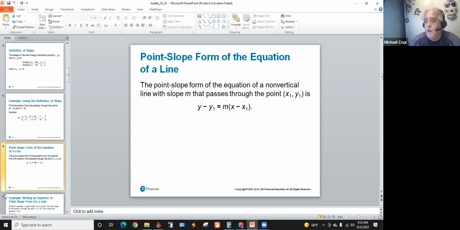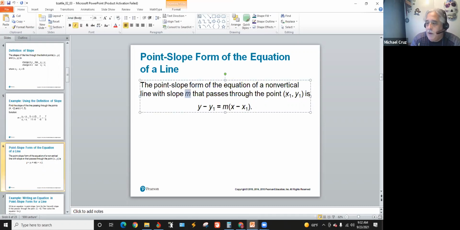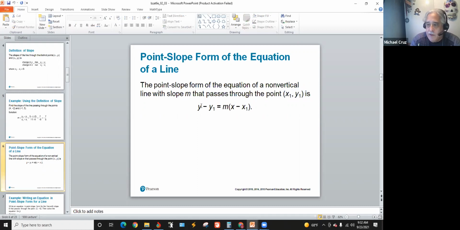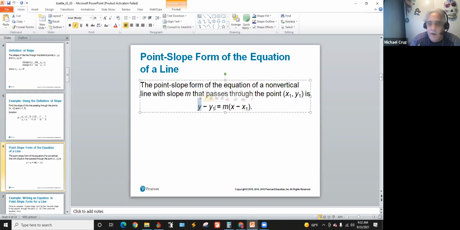So the way it works is you have the m, which is your slope, and then you have one point. The y variable stays in there, minus whatever that y number is, is equal to m, your slope, multiplying in parentheses the x minus whatever that x of the point is.